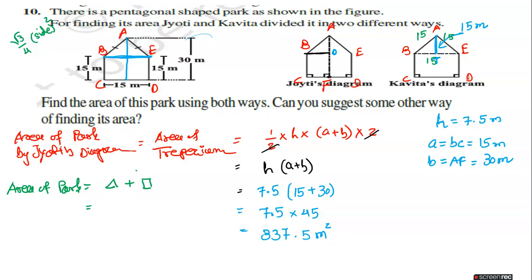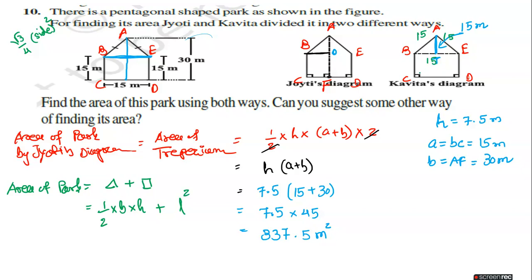Okay, then here 1 by 2 into base into height plus, this is a square only, so L square we can write. By seeing it at first, it looks like a rectangle, but this figure is not drawn properly.